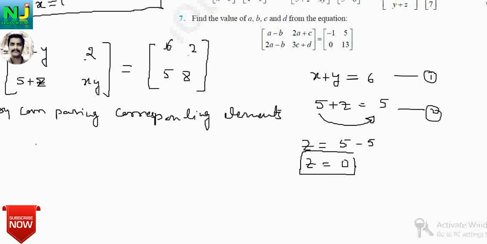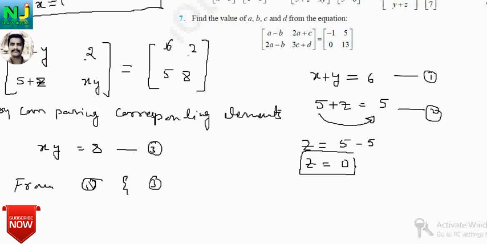Now another equation: corresponding elements, last elements 2 and 2 are the same, so xy is equal to 8. This is equation 3. Let us consider equation 1 and equation 3.